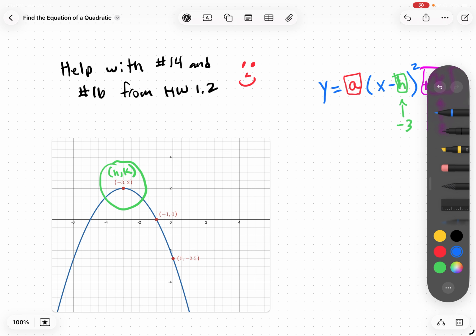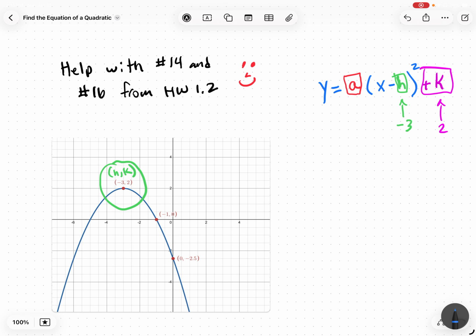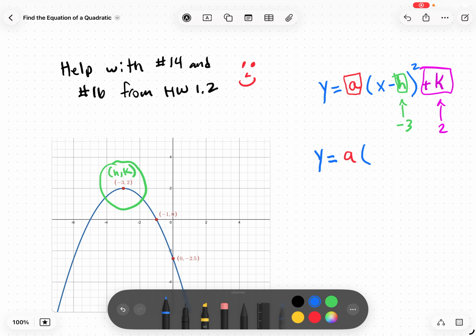Okay? So my current equation with those two blanks filled in looks like y equals, I still have that letter a that we haven't figured out yet, but now I'm going to have x minus -3. So we're going to write that as x plus 3, because when you do x minus -3, you get x plus 3, quantity squared.